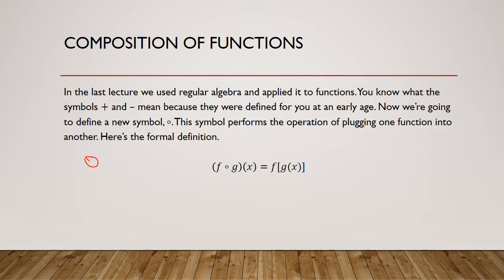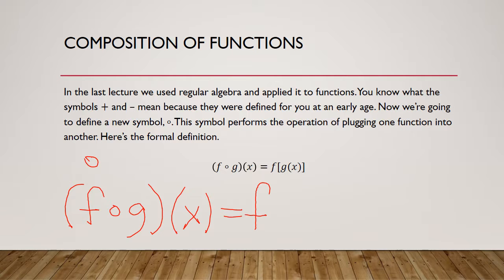So if I have the notation f of g of x, this is function notation. It says create a new function called f of g with the argument called x. And the way we define this is we're going to take f of g of x.